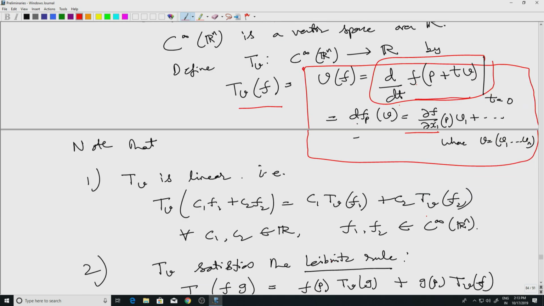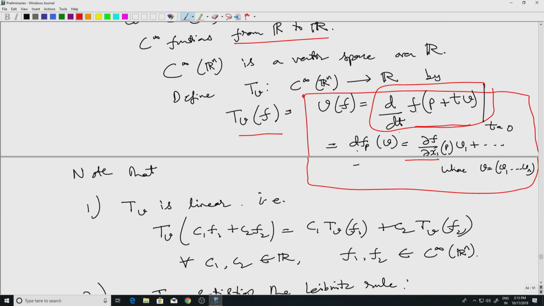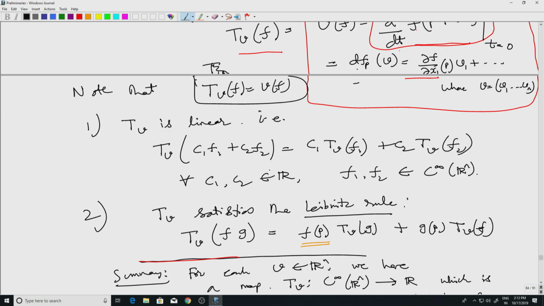The main thing we need to keep in mind is that TV acting on f is the directional derivative of f along the direction V at the point P.